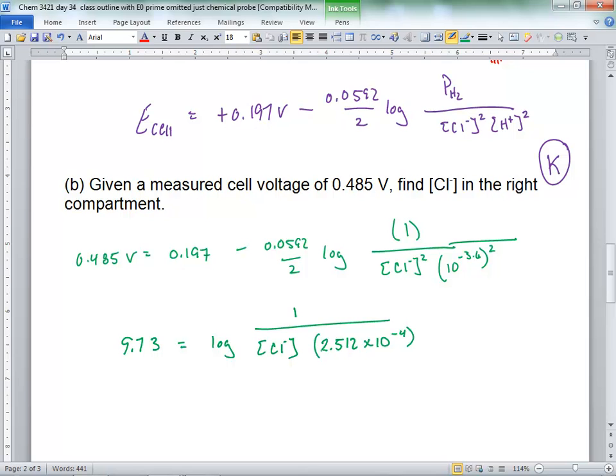Oh, I gotta square it. I will leave it like that.